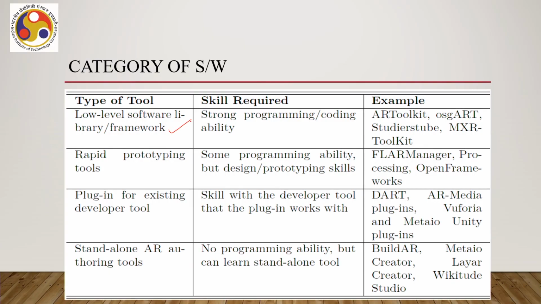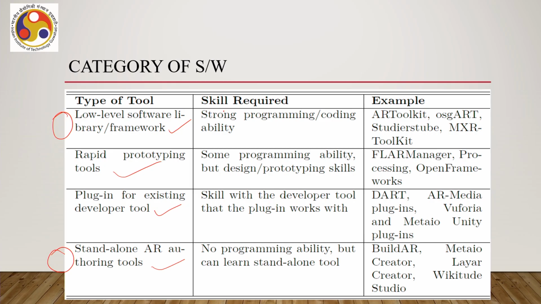Now, if we categorize it in this way, then we can come up with 4 categories: low level software libraries or frameworks, rapid prototyping tools, plugins for existing developer tools, and finally, the standalone AR authoring tools. So, this is one extreme where no coding skill may be required, whereas low level libraries is another extreme where a significant amount of coding and programming skill from the developer's side will be required.